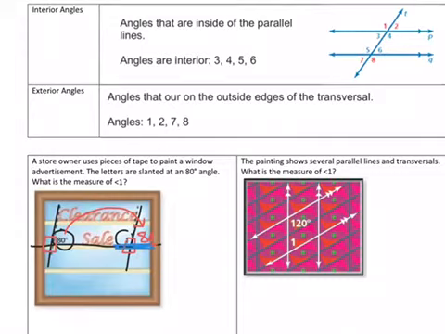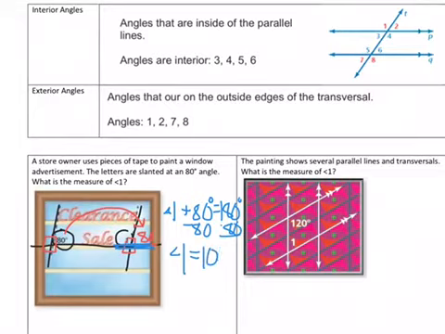So I have my angle 1, which I don't know, plus my 80-degree angle. We know that it has to equal 180 degrees. To find angle 1, I just have to move 80 degrees over by subtracting it. When I subtract it over, I get that the angle 1 measure is 100 degrees. This also tells us something very interesting.